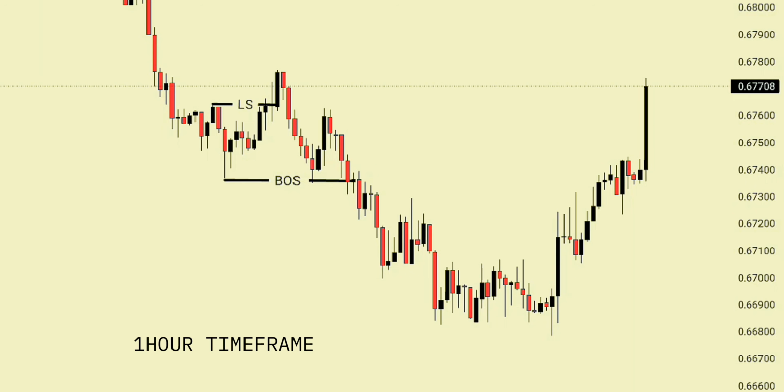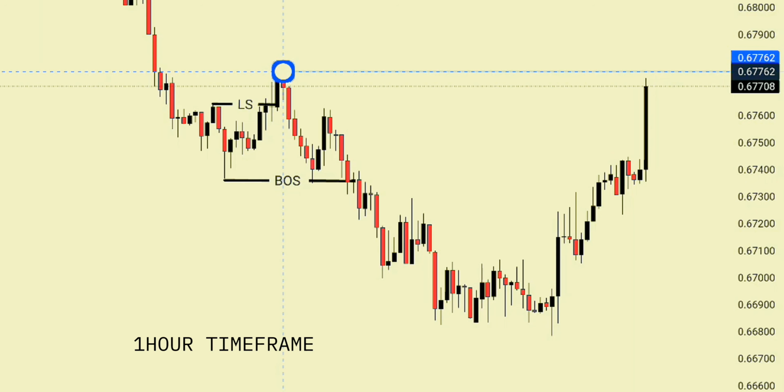Retail traders often place stop losses above obvious highs, and institutions use those stop losses as liquidity to enter their large sell positions. So this wick is not random. It is a stop hunt designed to collect liquidity before the market continues lower. A liquidity sweep above a broken structure is one of the strongest signs that the market is preparing to deliver a move back in the direction of the trend.